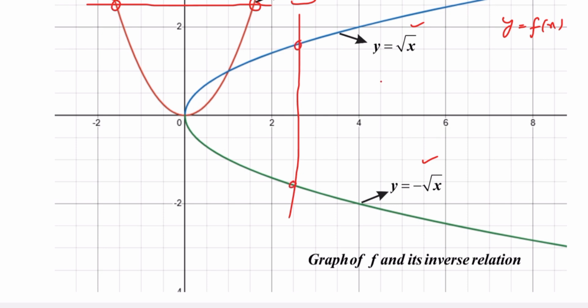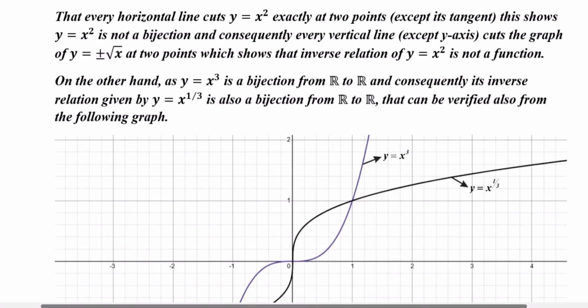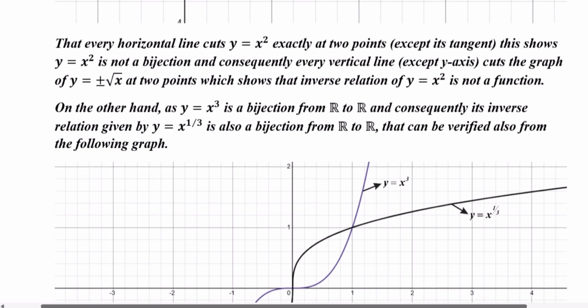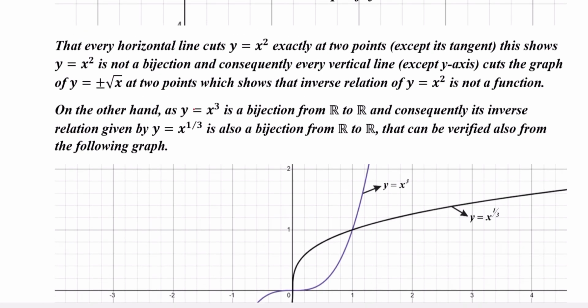This shows that y is equal to plus minus square root of x is not a function. But on the other hand, if we take y is equal to x cubed, this is a bijection from R to R, and consequently its inverse relation y is equal to cube root of x is also a bijection from R to R. That can be verified also from the graph.